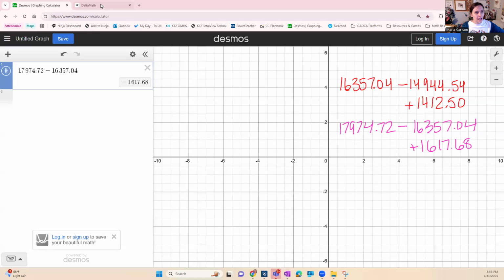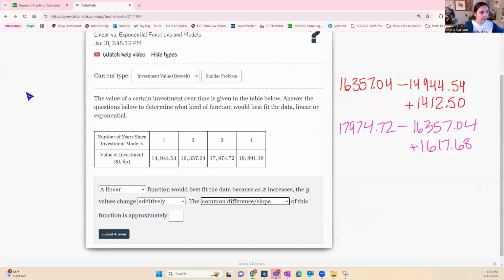All right, last 2 years I need to look at. I need to subtract year 4, which was 19,891.18 minus year 3, 17,974.72.